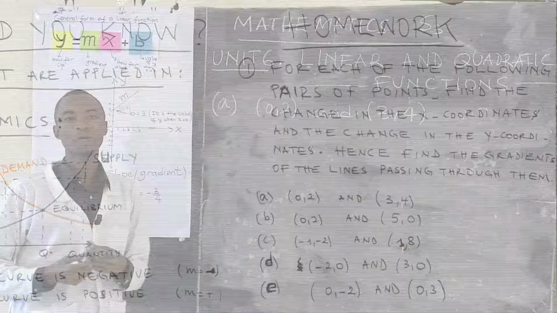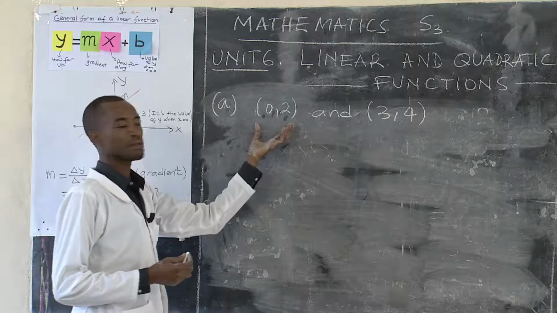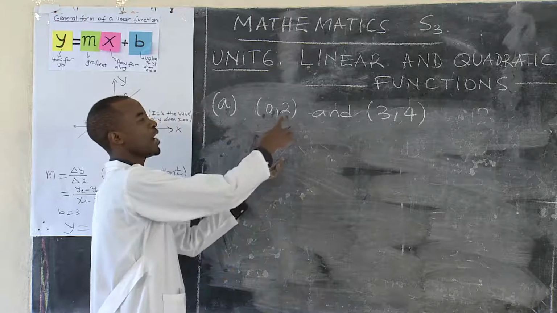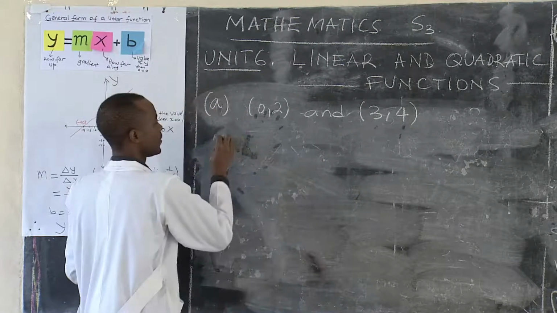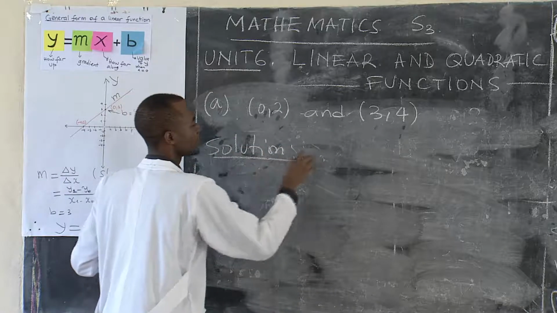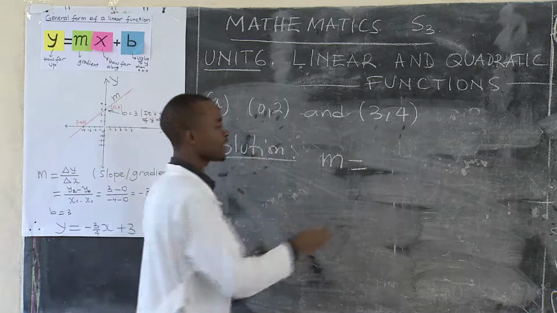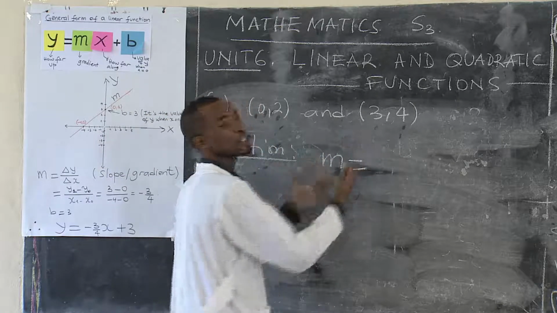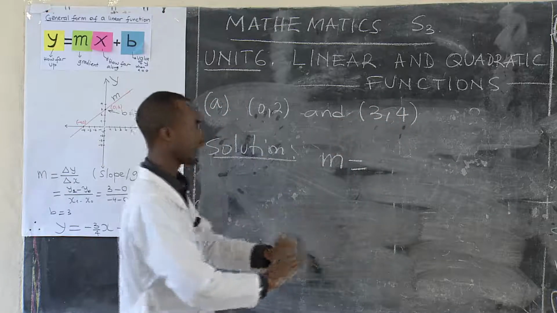Let's do one question together. We have 2 points. One point has 0 and 2. Another one has 3 and 4. The solution is to find the gradient. Remember, gradient is equal to the change in y-axis over the change in the x-axis.